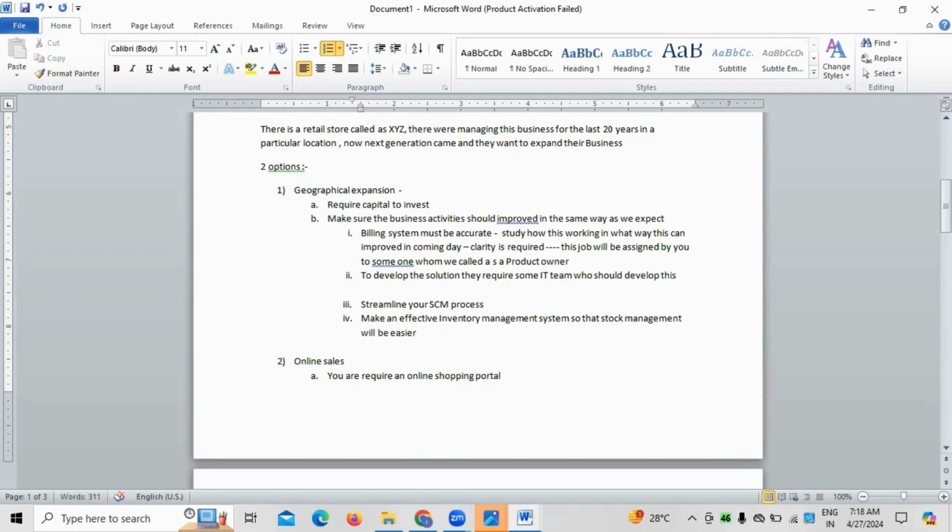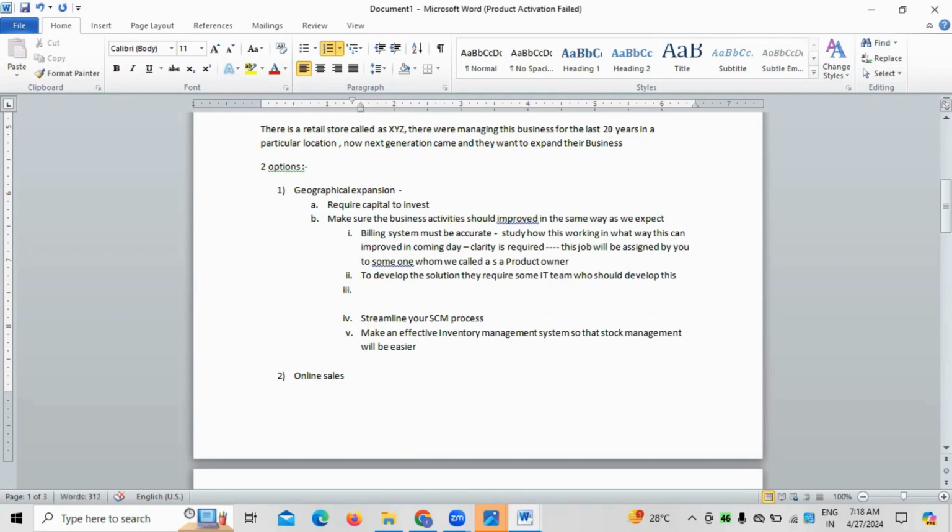Okay. For example, we have identified some team. Now, what does the product owner do? The product owner explains the goal and vision, what they want to achieve in their business.